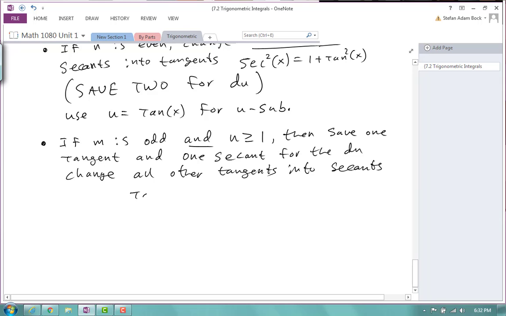And that's going to use tangent squared of x is equal to secant squared of x minus 1. And we're going to use u equal to secant of x for u sub, where the du is going to be secant times tangent.